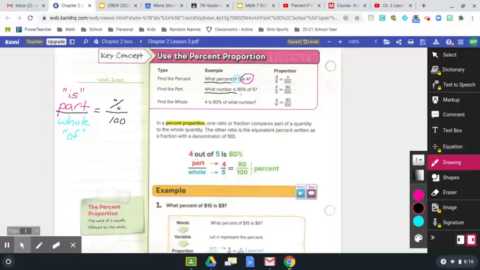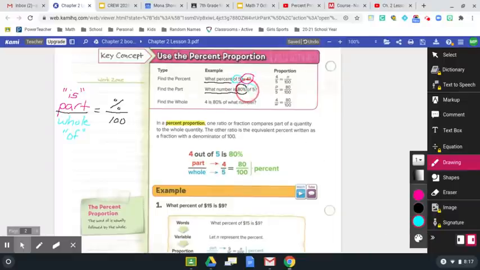Let's see. Of 80%. So I'm going to stick with my black marker here because my percentages I kept in the black color there. So 80%, and so you'll see in the proportion, there's the 80% out of the 100%. Of 5.